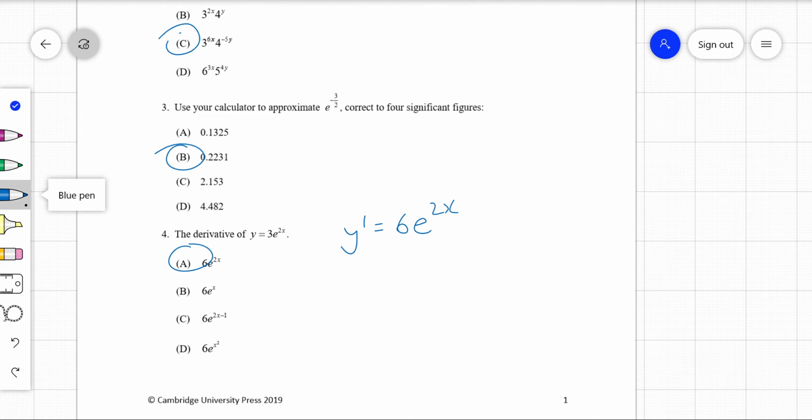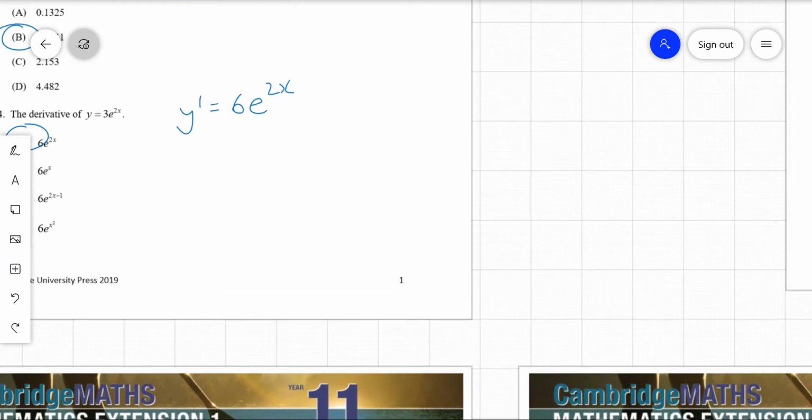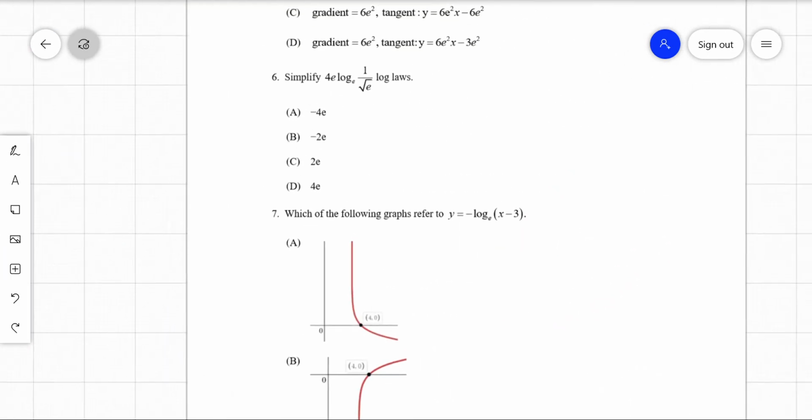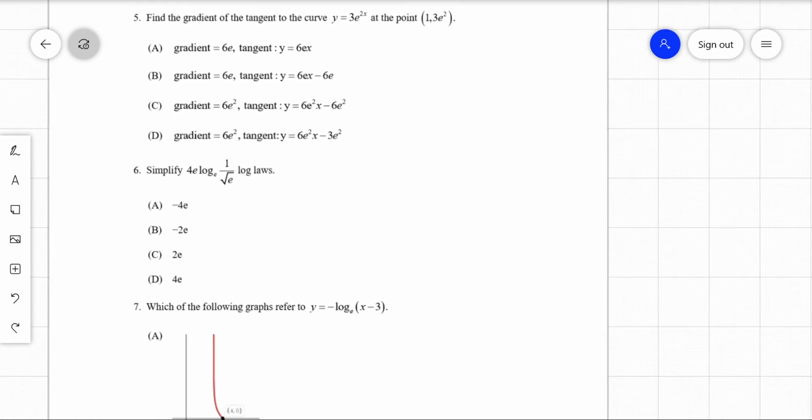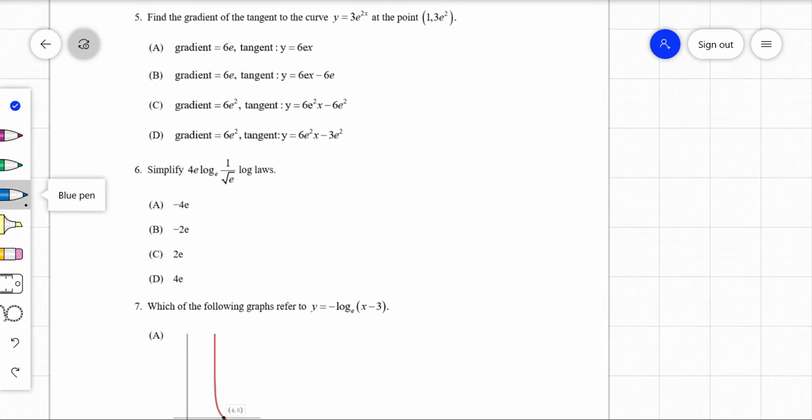Number 5, which is over here. Here we go, find the gradient and the gradient of the tangent, but clearly we have to find the tangent as well because the answers are asking for it. So the gradient, so y dash, we know is 6e to the 2x.